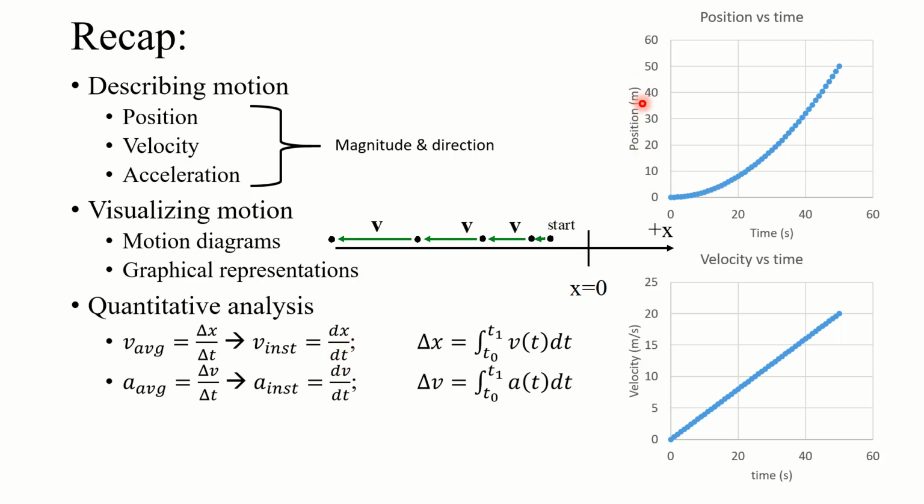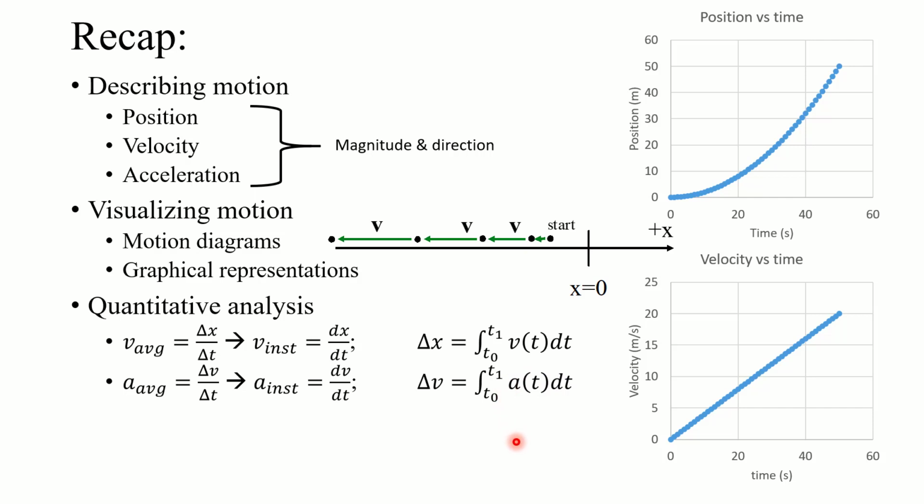So if we have a position x versus time t, and we take the derivative dx/dt, we get the slope, which gives us the velocity. We can go the other way, though. If we have the velocity as a function of time and we take the integral over two time intervals, the area under that curve gives us that change in position between those two points.